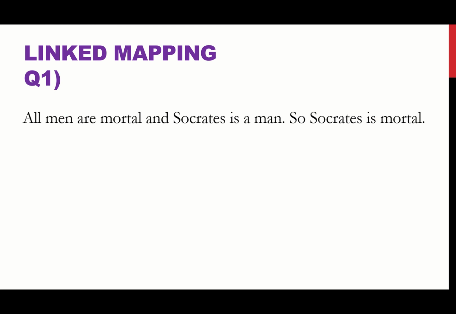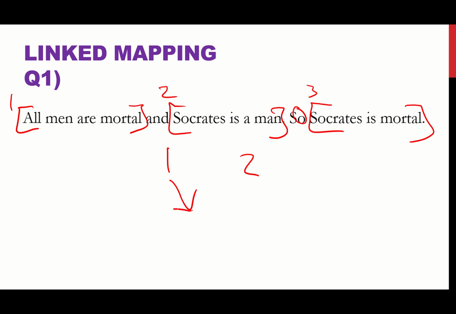All right, pause the video, have a go at these ones. All right, this one's a classic. We've seen it 100 times. It is linked reasoning. All men are mortal. Socrates is a man. So Socrates is mortal. I guess you might be tempted to argue that it does seem like it might work like this.